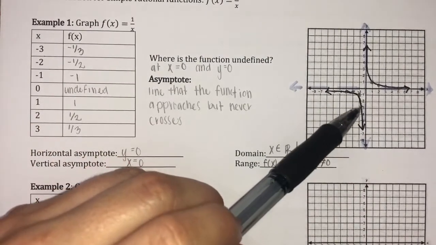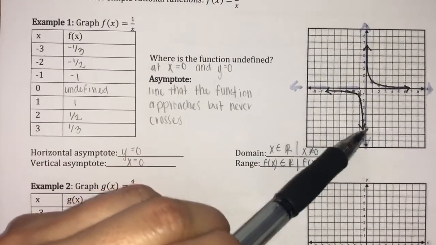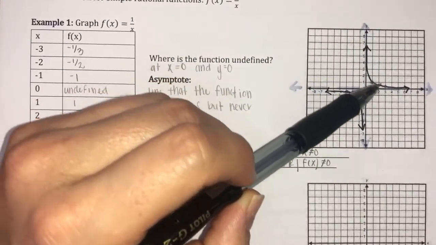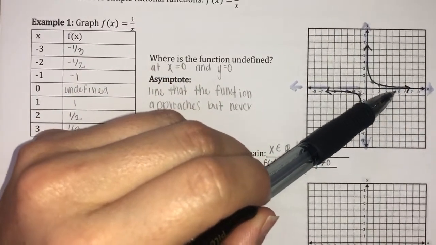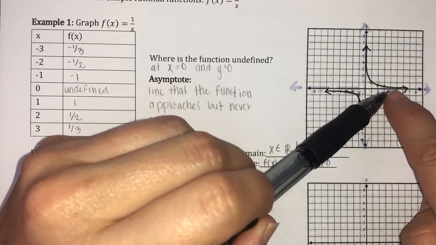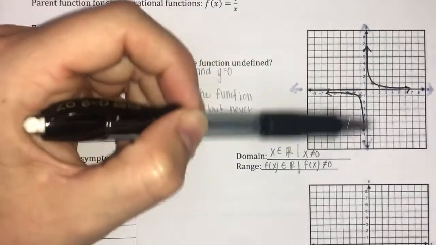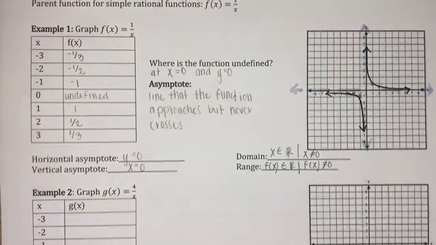It gets really, really close to the y-axis here, so close to x equals 0. And then it gets really close on this side, infinitely close. Or, sorry, the x values continue on infinitely to the right. So it's pretty much all real numbers, except it just can't be 0 because of these vertical and horizontal asymptotes.